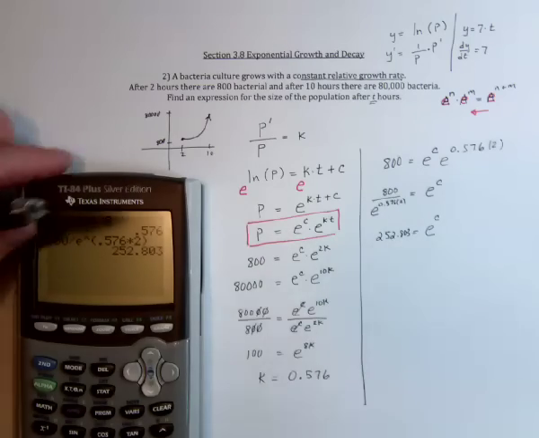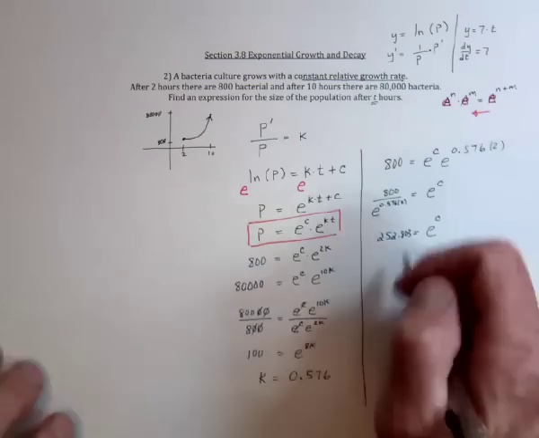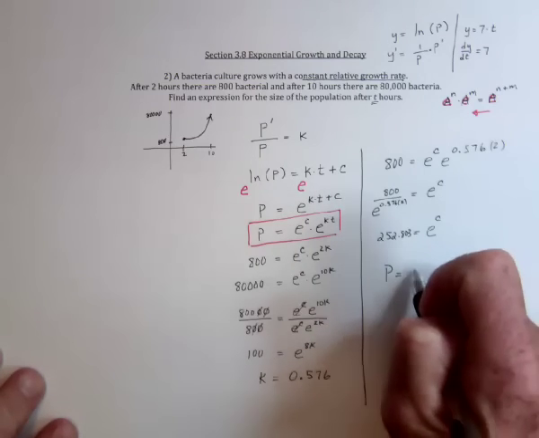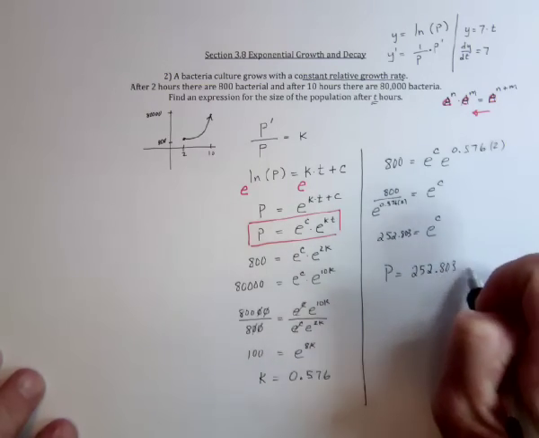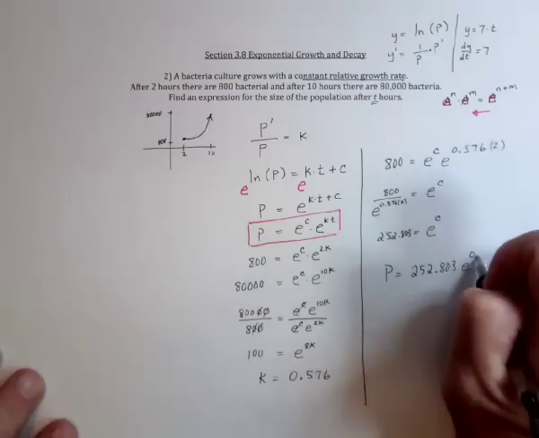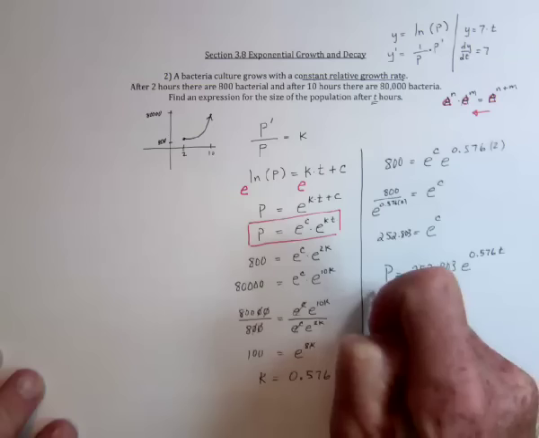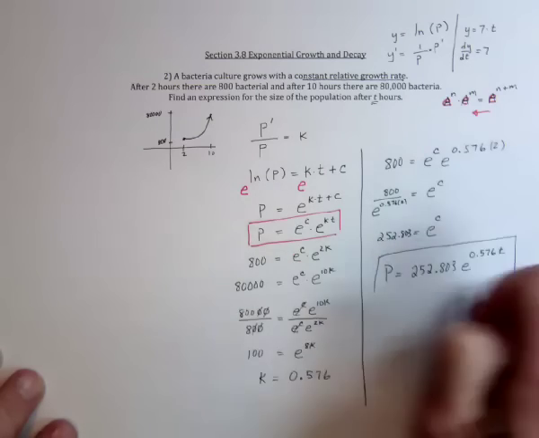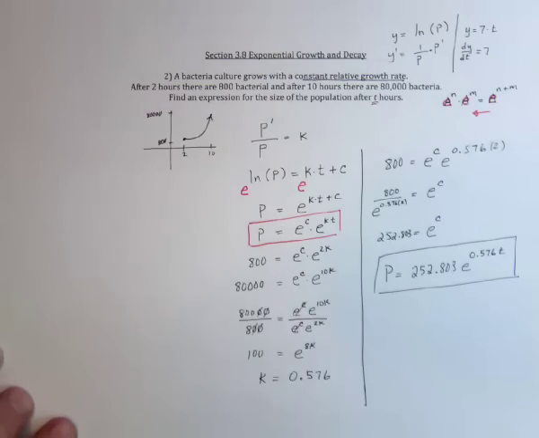We don't have to solve for c, we just need to know what goes in front. So it's going to be p equals, start with 252.803 bacteria, and then it's going to grow exponentially at a rate of 57.6% over time. So find an expression after t hours. There we go.